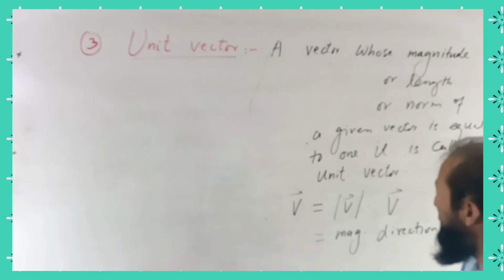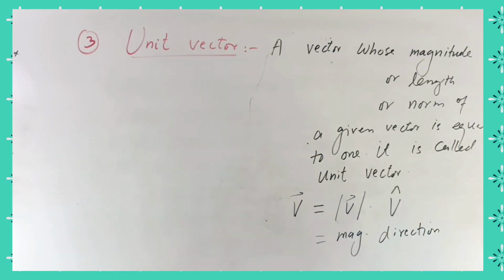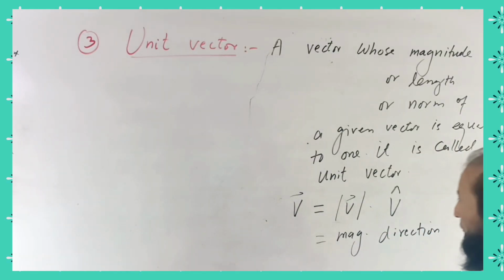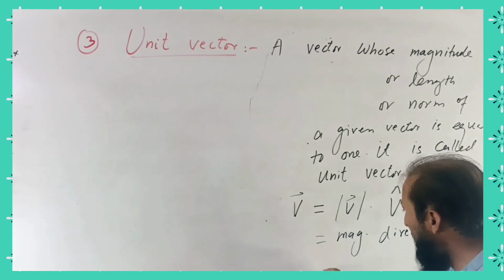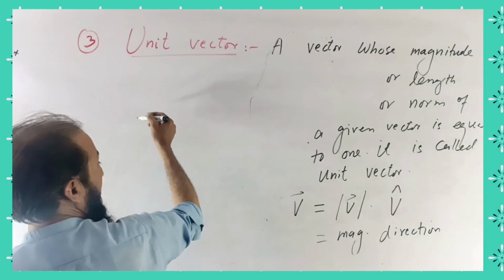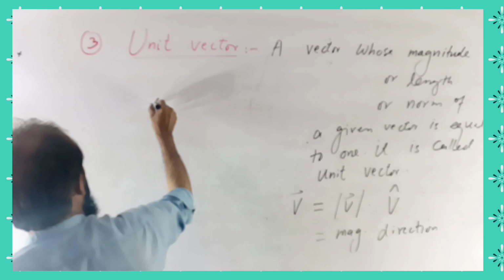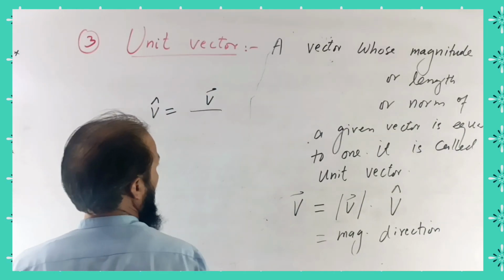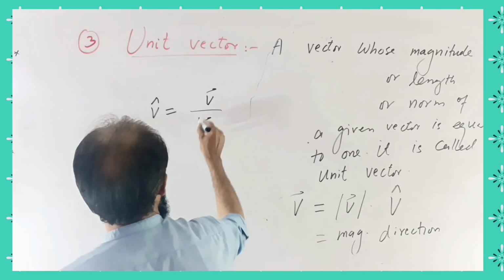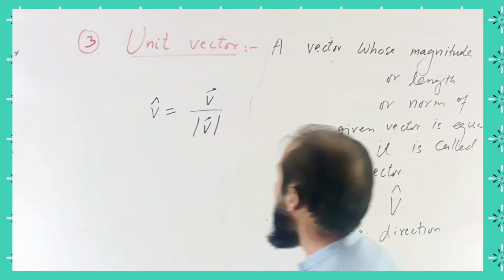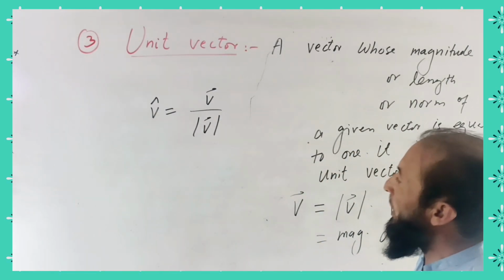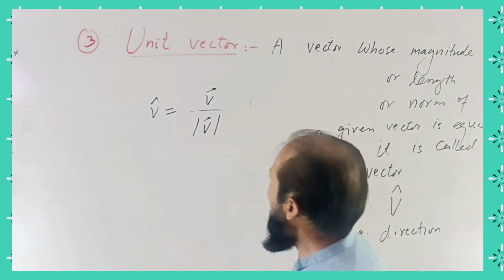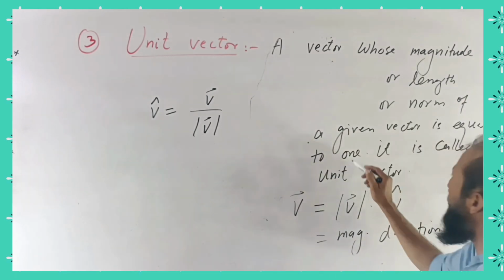By definition, the direction of the given vector is V divided by the magnitude of V. How do we prove that its magnitude is 1?